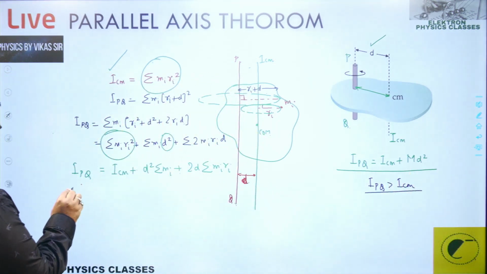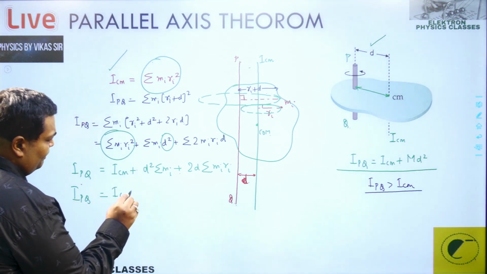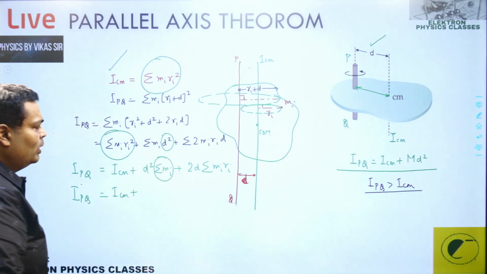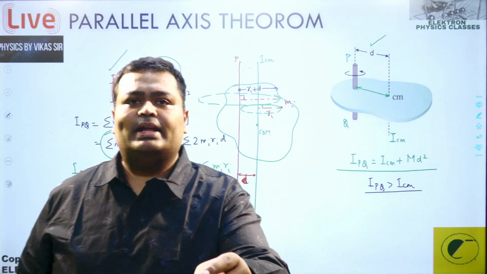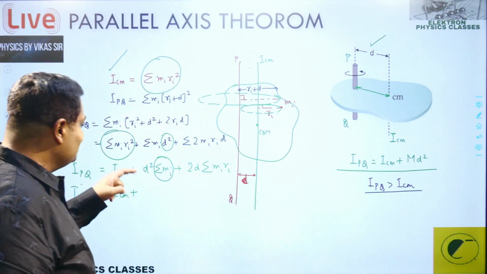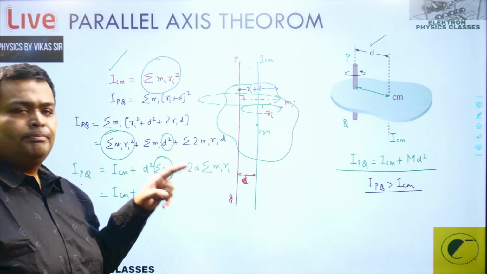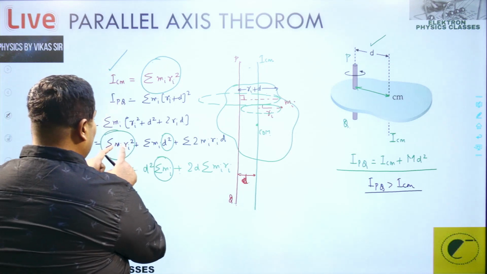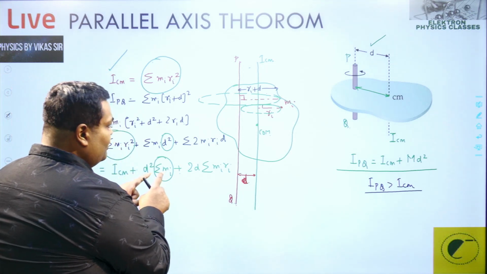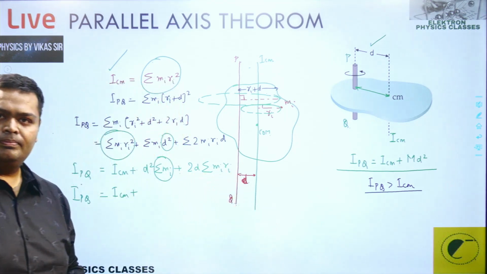So the next step, the moment of inertia about PQ is equal to that about the CM plus what is summation Mi? What is summation Mi, my friends? That's the 0th moment of mass. Yesterday we did it. Can you see these terms? This is the second moment of mass, this is the 0th moment of mass, and this is the first moment of mass.